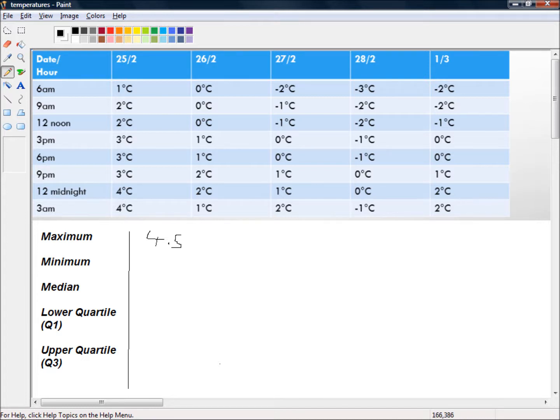And our minimum temperature will be the lower bound of the minimum temperature, which is 1 degree C. So that's 0.5, which is the smallest number that will round up to 1 degree C.